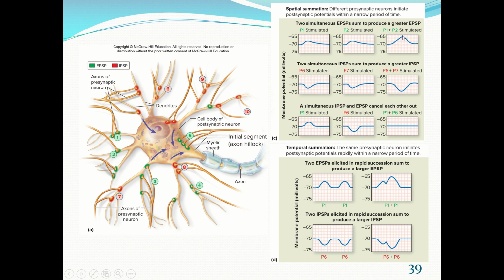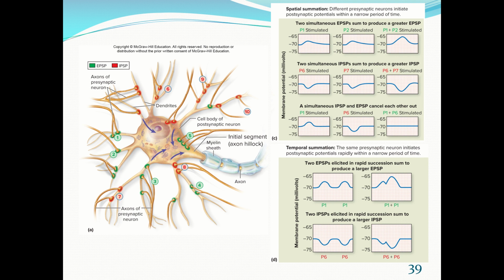And when they are added together, it's going to increase the value and bring them towards that threshold. And then in temporal summation, we're going to see that 2 excitatory postsynaptic potentials, both from P1, are coming at different times, but they're going to actually be added together and will help bring the neuron towards threshold as well.